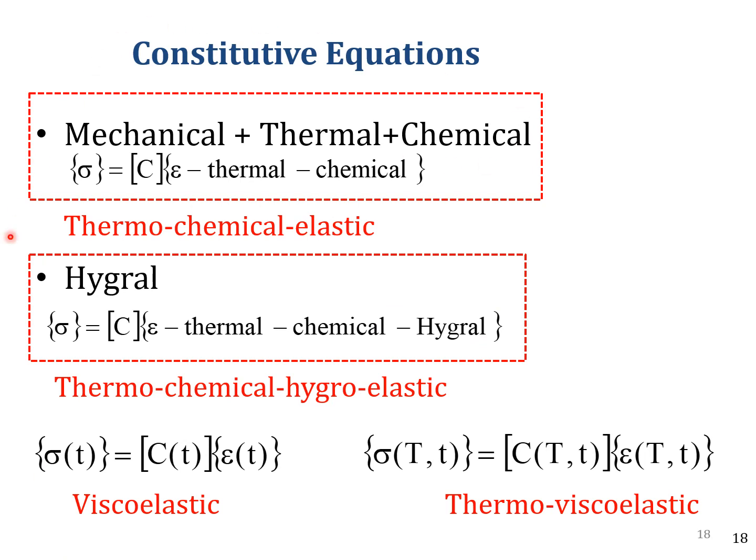All these equations were written considering that material behavior is elastic. For polymers in general, the material behavior is viscoelastic, meaning time dependent. We will be learning about it later on.